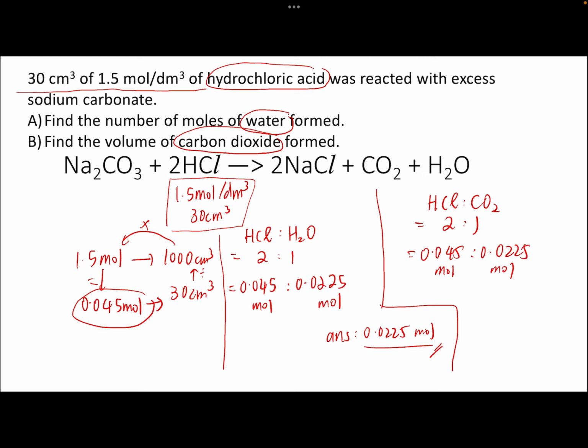And we cannot stop here because the question wants volume. So I just write 1 mole of CO2 gives me 24 dm cube. So now I have 0.0225 moles, and using my calculator, this will give me 0.54 dm cube. And you are done. So again, keep the ratio in the center and all the other extra calculations at the side.